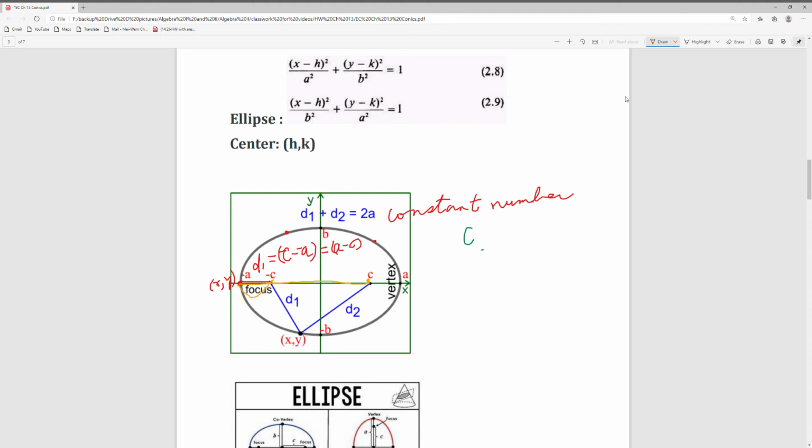This one plus this one. From c to negative a. So d2 is c minus negative a. When you want to find the distance between two coordinates, just subtract them. The big number takes away the smaller number. So it becomes c plus a.